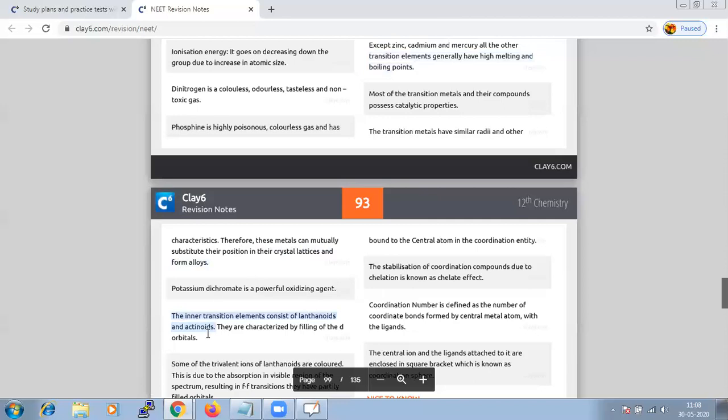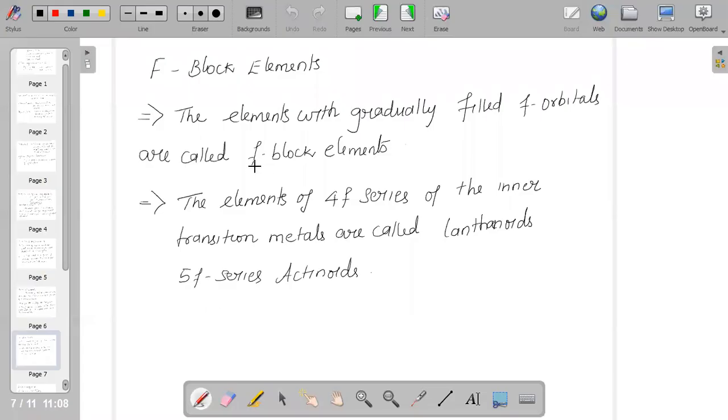The inner transition elements, the other name being your F block elements, are categorized by the filling of your F orbitals.